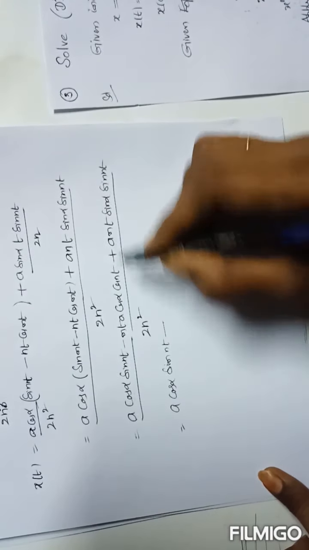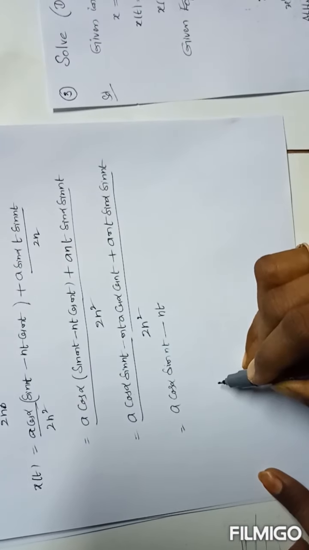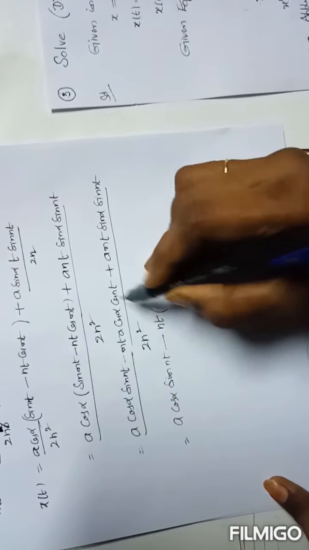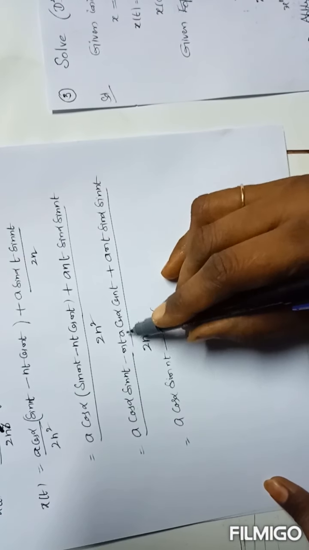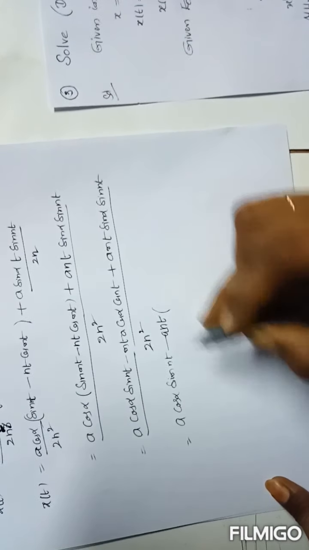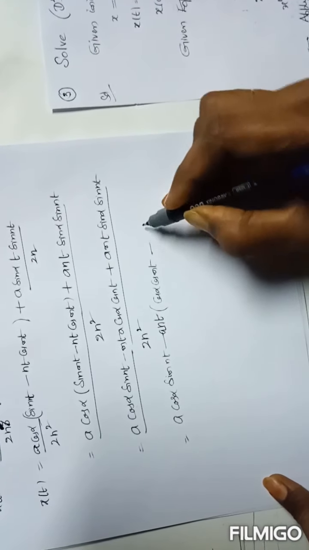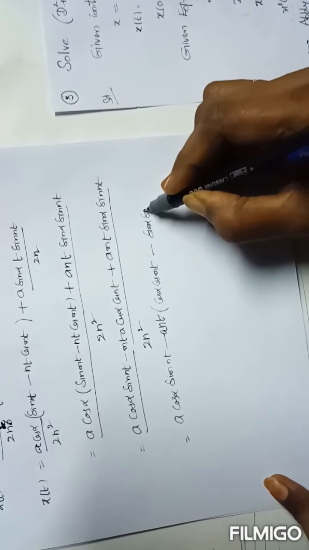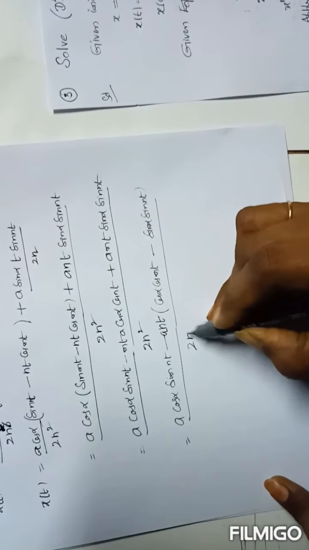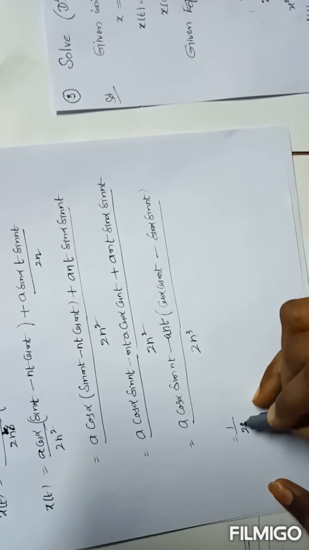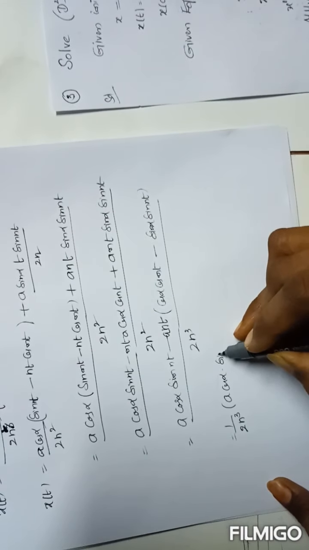From the other two, the common factor is a n t, with minus; the remaining part is cos alpha cos nt minus sin alpha sin nt, by 2n cube. That equals 1 by 2n cube into a cos alpha sin nt minus a nt.